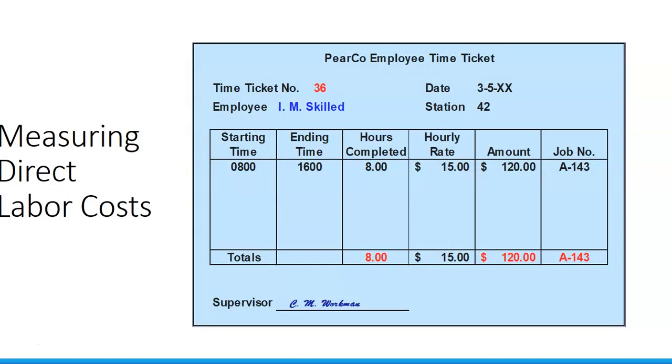Then we have labor costs. We get labor costs off of employee time cards, either computerized time cards or paper time cards. They would get stamped for when they're working. Here we have that this employee, the name cracks me up, I am skilled, has been working on this particular order and spent 8 hours working on this order at a rate of $15 per hour.